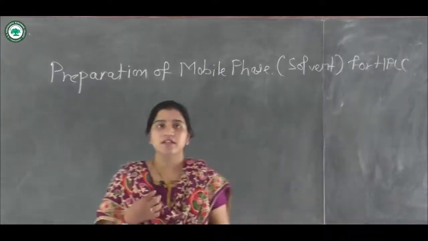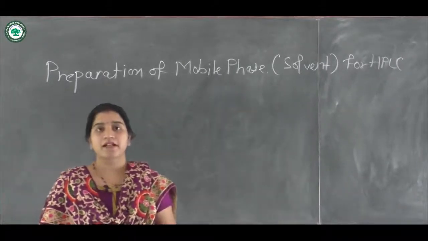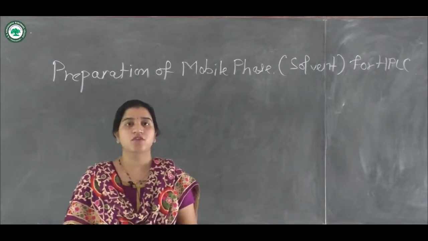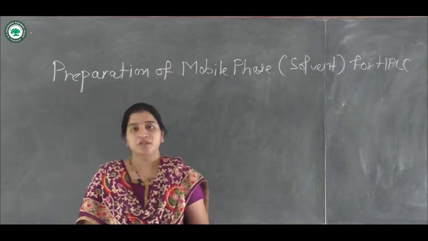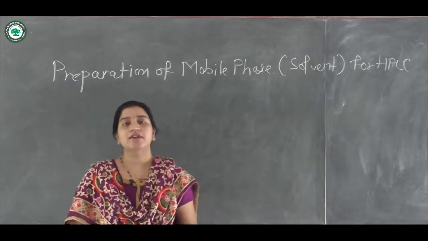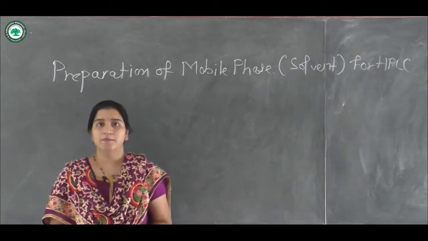Whenever you are considering the HPLC technique, the selection of a solvent as well as preparation of a solvent for the mobile phase is the most important phenomenon. So while selecting the solvent or the mobile phase, we have to consider different parameters.